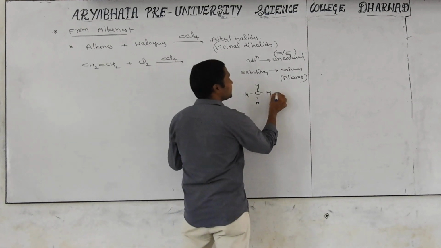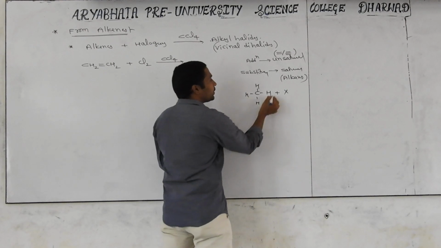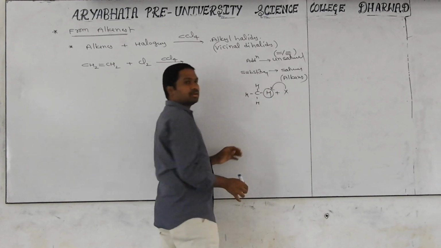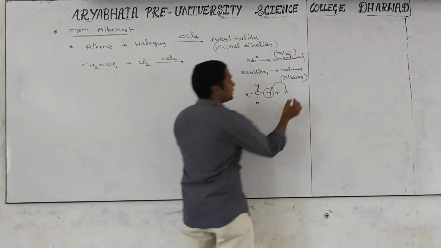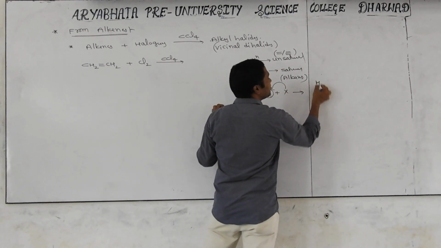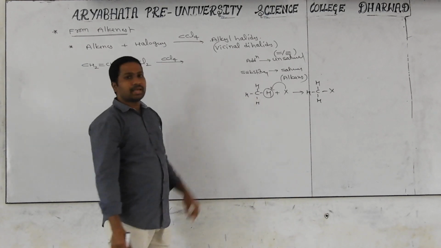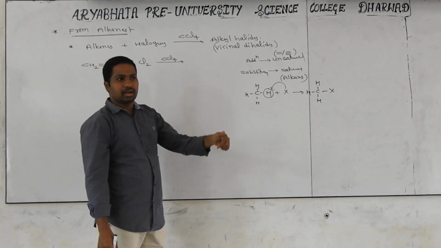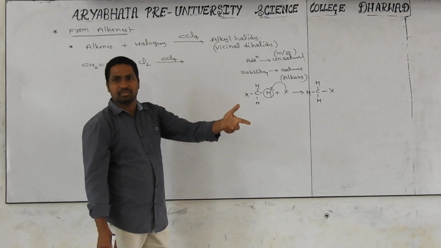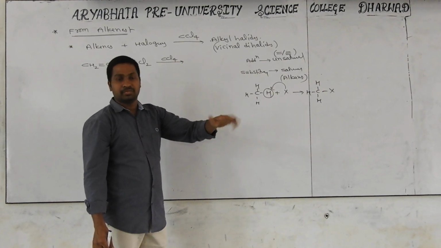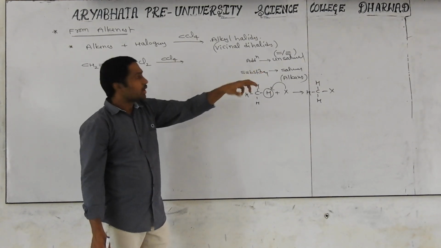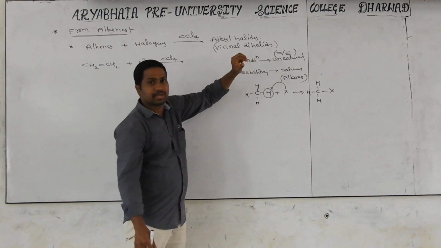For example, it is treated with X. Hydrogen is replaced with X, and then we are getting CH3X. This is called a replacement. This is called a replacement. There is no addition, but addition is possible when the compound is unsaturated.